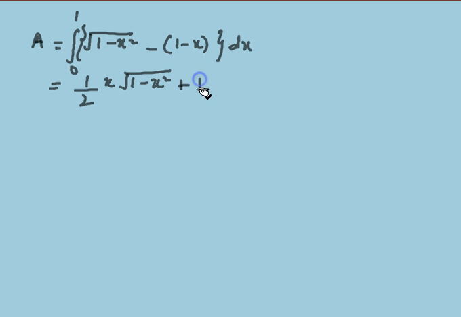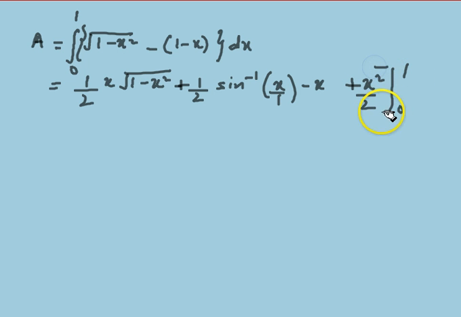which is equal to [1/2 x √(1 − x²) + 1/2 sin⁻¹x − x + x²/2] with limits 0 to 1.